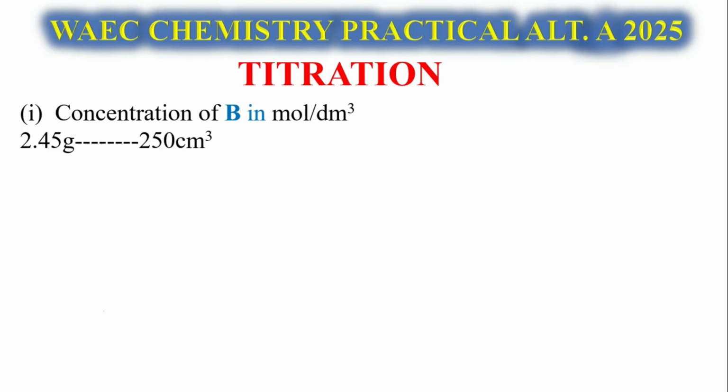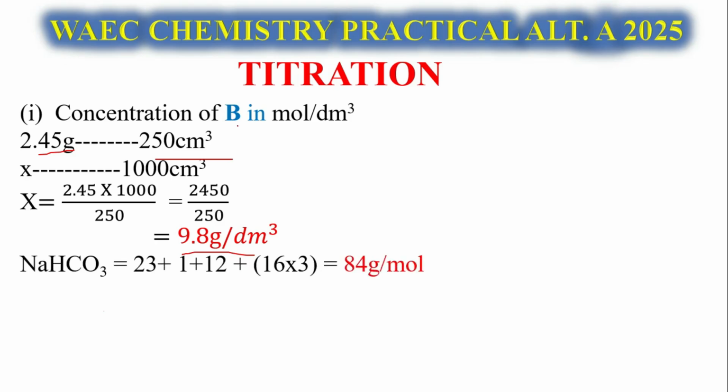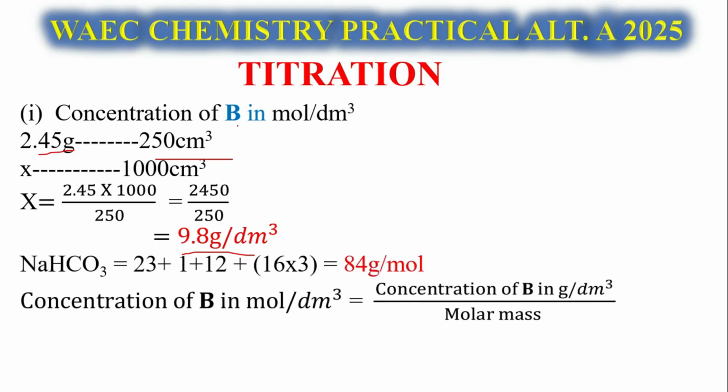The concentration of B in mole per dm³, we're going to also convert 2.45 gram in 250 cm³, okay, to what? To 1000. You just multiply it and do the same thing. Then you have 9.8 gram per dm³ of B. So we are going to be introducing the formula that says concentration in mole per dm³ equals concentration in gram per dm³ over molar mass.